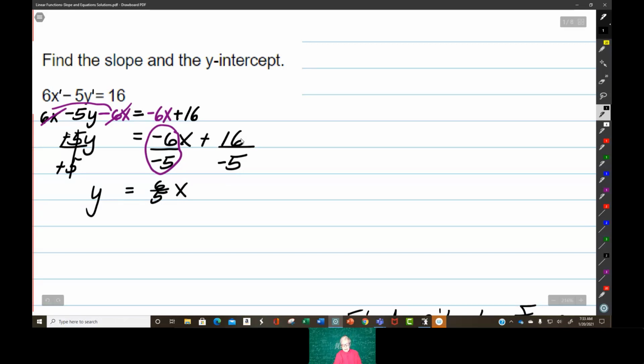Now, positive 16 over negative 5 is going to be minus 16/5. And so I now know, because this is in slope-intercept form, that the slope is 6/5, not 6/5 x, but just 6/5.